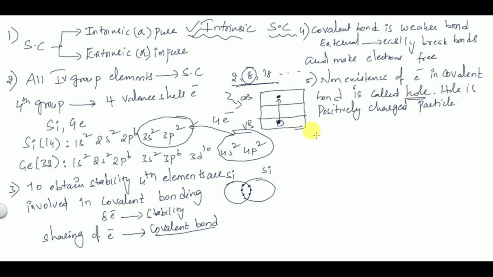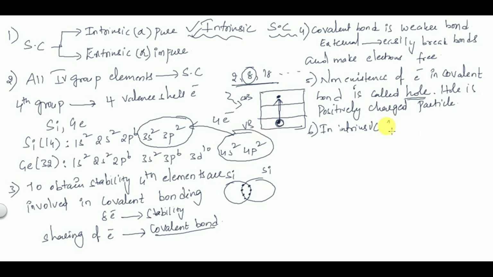Sixth point: in an intrinsic semiconductor, how does electron-hole pair generation occur? By breaking the bonds, a hole is left over in the valence band and the electron jumps from the valence band to the conduction band.